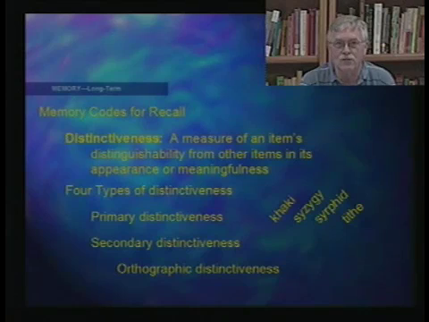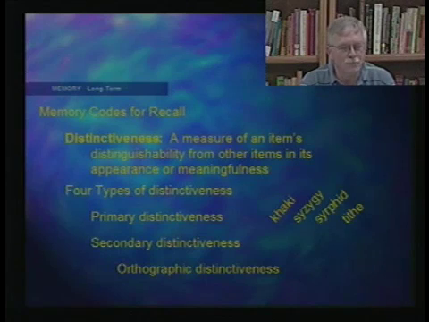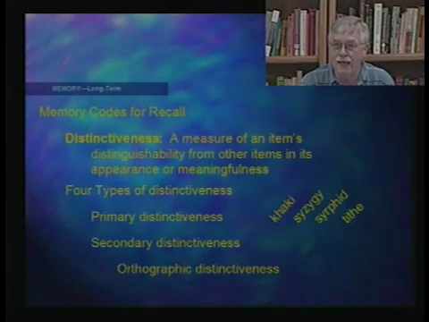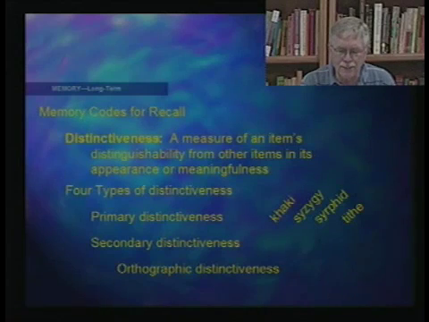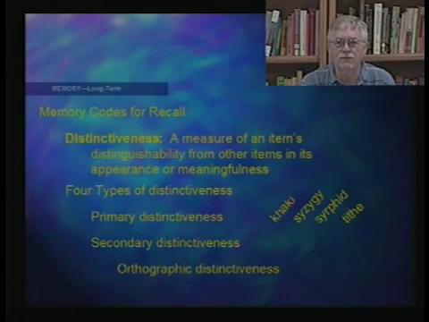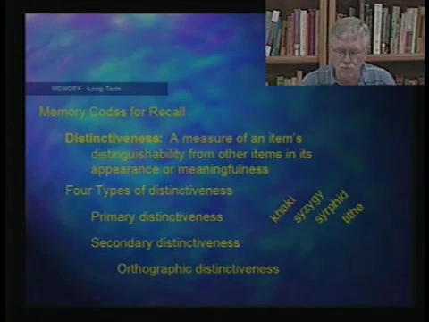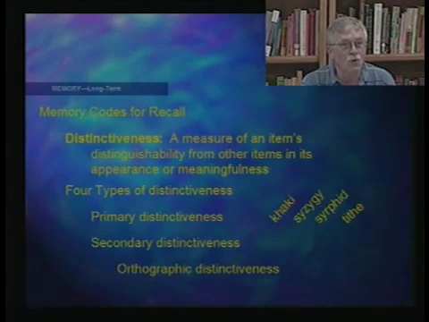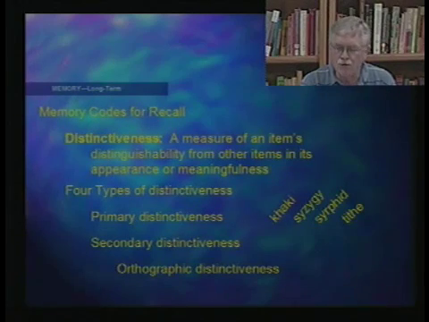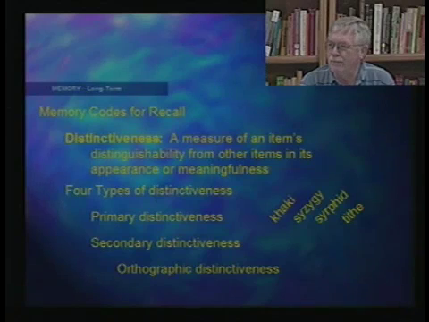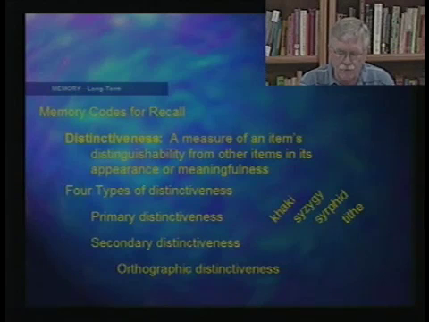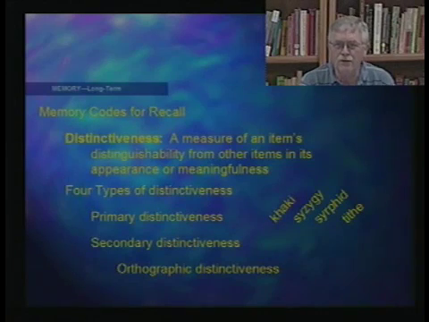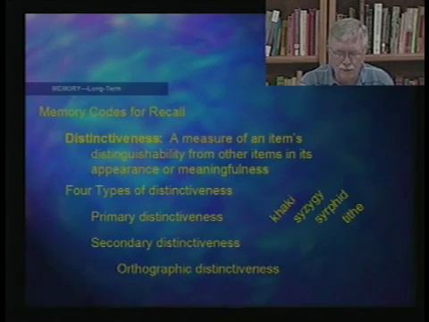Maybe we can use thy as another example, but that's one of very few words that doesn't have any A, E, I, O, or U in it, and that basically leads then to orthographic distinctiveness. You compare those words to words like which, or orange, or sparrow, and those are very common, things that we would see all the time, and they're not unique in terms of the way that the structure of the word is actually put together there.